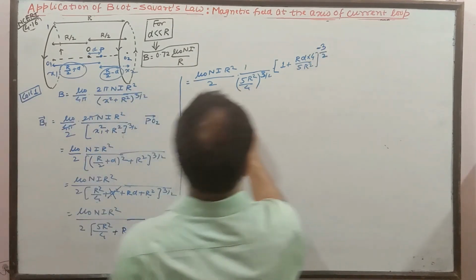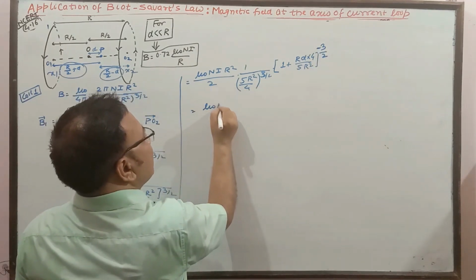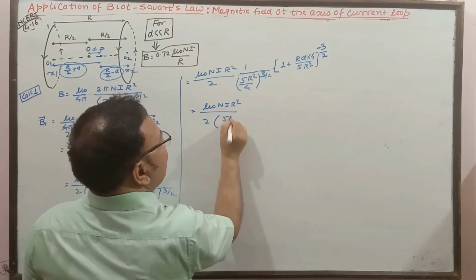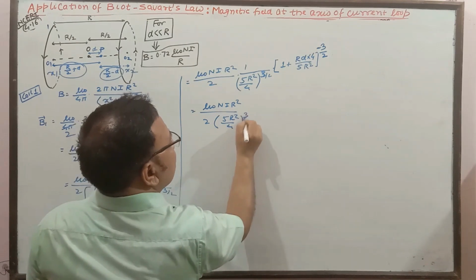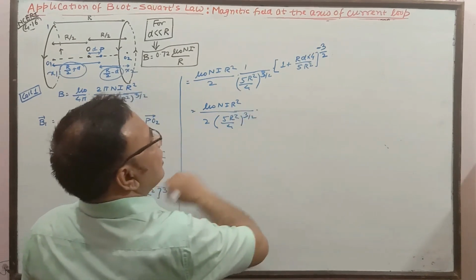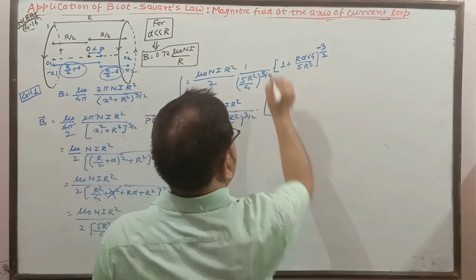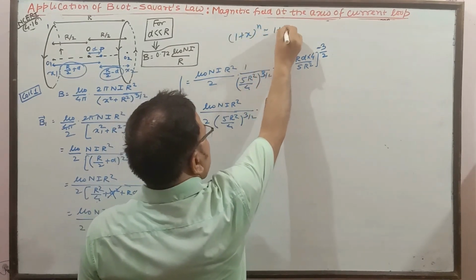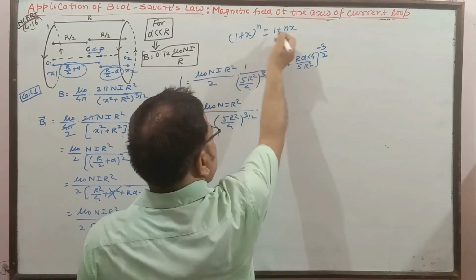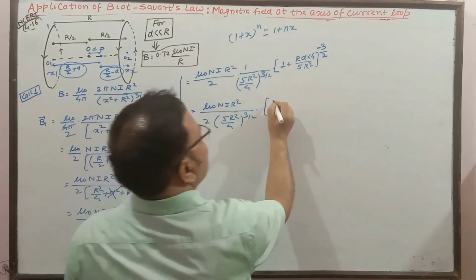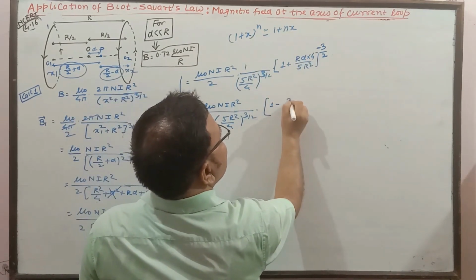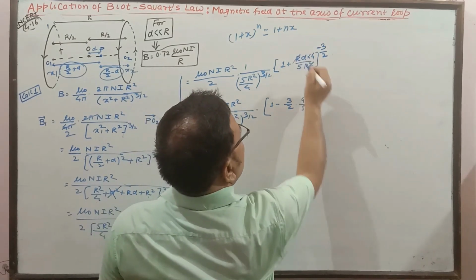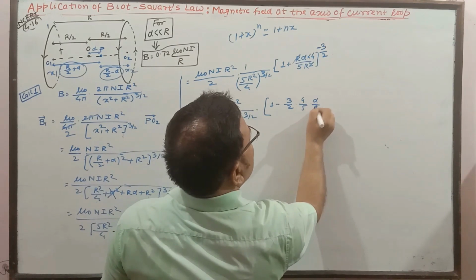So finally mu naught n I r square by 2, 5 r square by 4 whole 3 by 2 in the denominator, and this is the approximation of the binomial theorem: 1 plus x whole to the power n is equal to 1 plus nx. Here a minus is there, so minus we can put. So 1 minus 3 by 2 into 4 by 5, r is cancelled out, 4 by 5 into d by r.